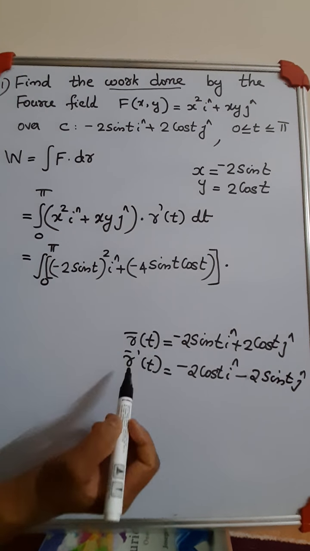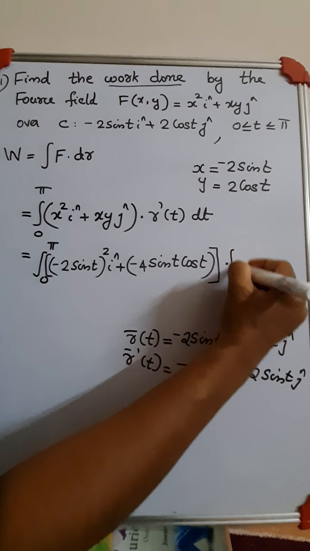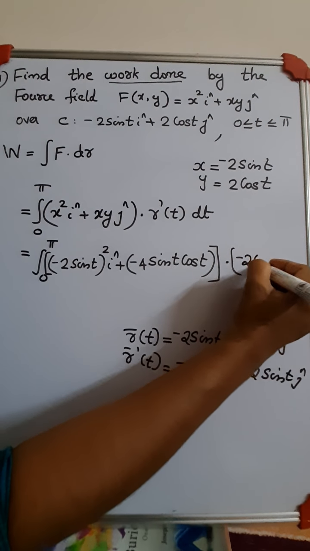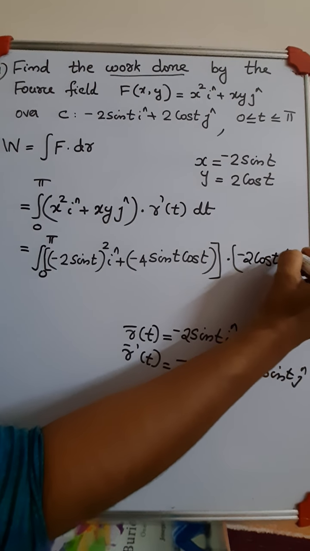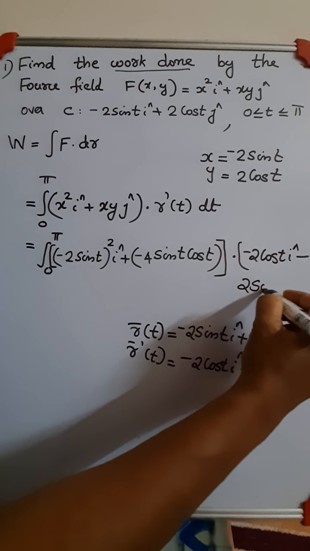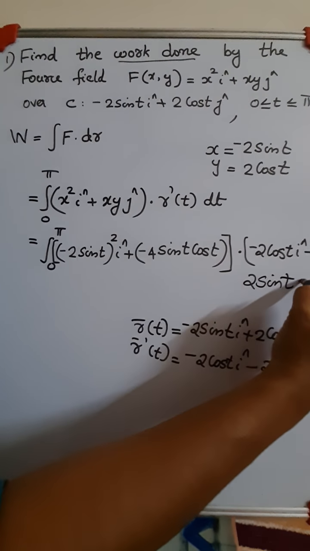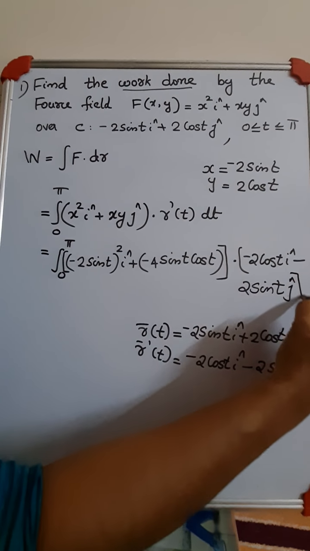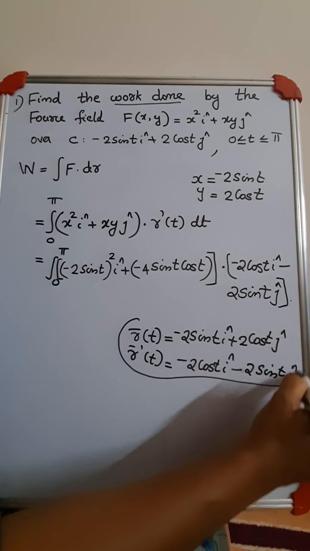So we write r'(t) here. It is the dot product with minus 2 cos t i minus 2 sin t j. Find the dot product.